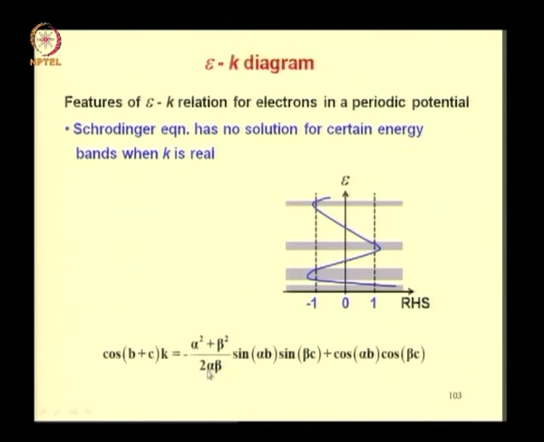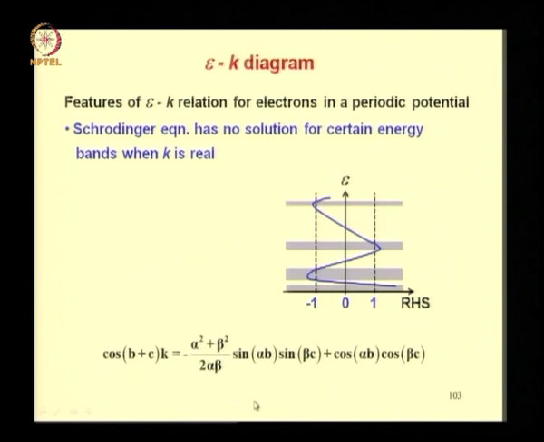Now let us look at this function on a plot. So the right hand side of the function, that is this part, has been plotted as a function of energy, because alpha and beta here, these are functions of energy which we have defined in the previous slide. So therefore this whole thing is a function of energy. So when you plot, you get a periodic function of energy.